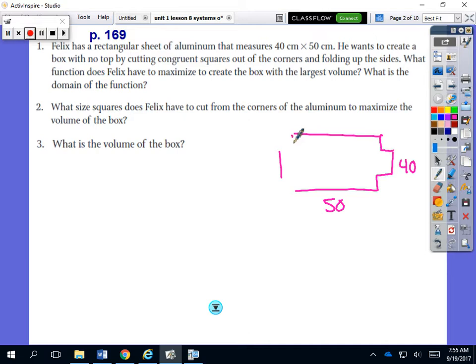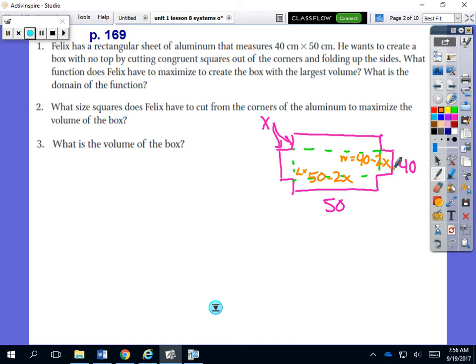I'm taking x out of each corner, and then I have to fold up the sides to make a box. When I write the length and width of the box, I remember to take 2x away from each of the original lengths. So 50 minus 2x is the length, and the width is 40 minus 2x.